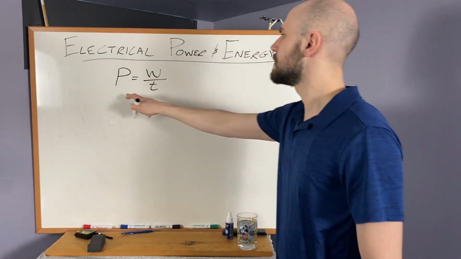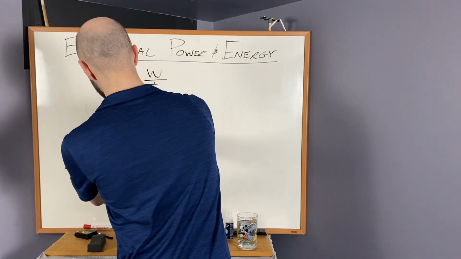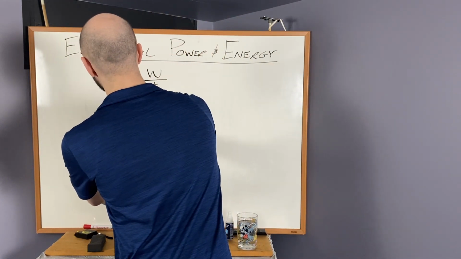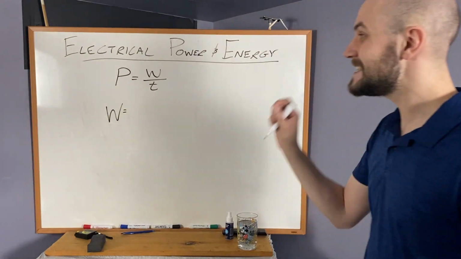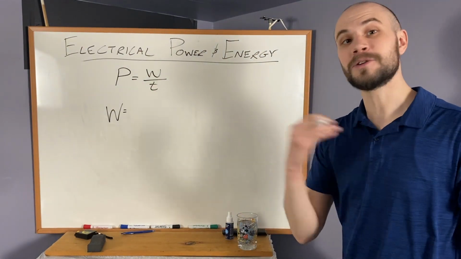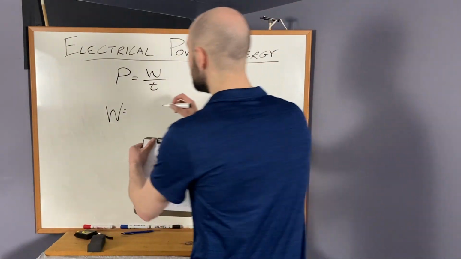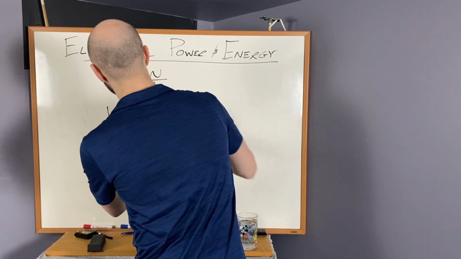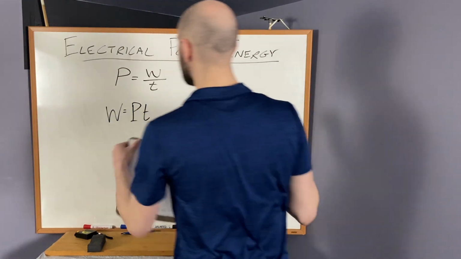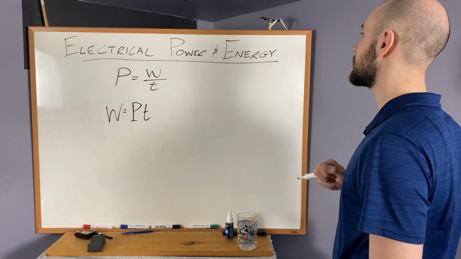Well, let's rearrange this. Multiply both sides by T. We can say work is the amount of energy that that circuit component is using, whether we're looking at a lamp, a motor, it doesn't matter. This is the amount of energy that component's using. It's equal to the power of that element multiplied by time. We did this when we were doing energy, mechanical energy, back a few months ago.